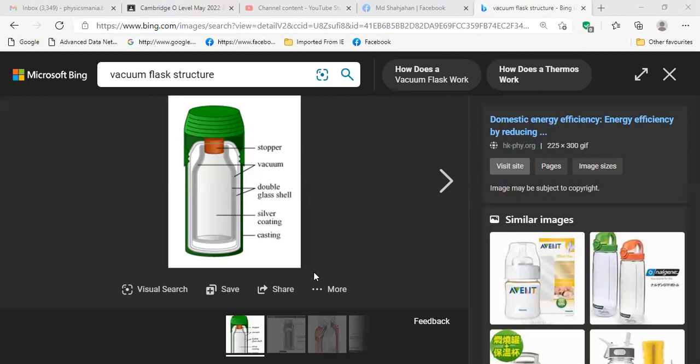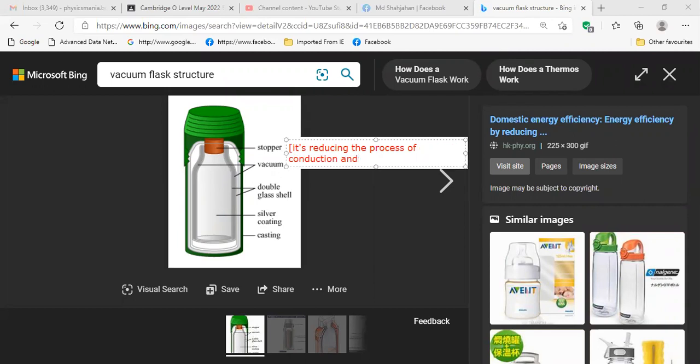And if you want to write, as I already discussed, you can write these things: the stopper is reducing the process of conduction and convection.